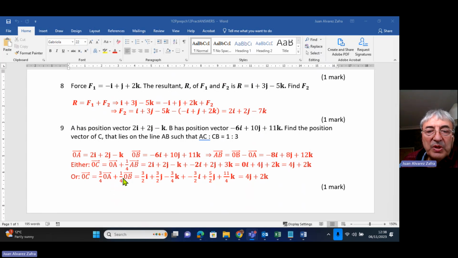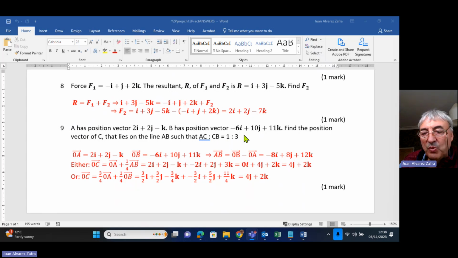And so we need to take 3/4 of the position vector of OA and 1/4 of the position vector of OB. And in general, the weighted average will be one of the components divided by the sum of the components of the position vector of one of them, and then the other way around for the other one.